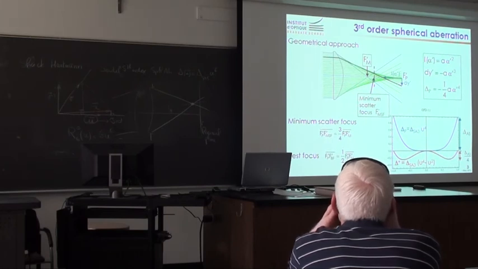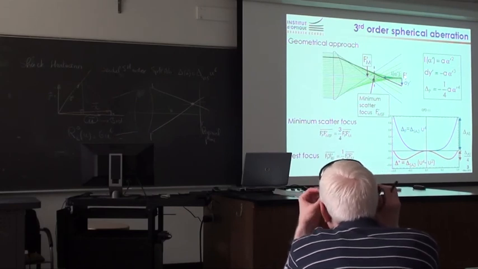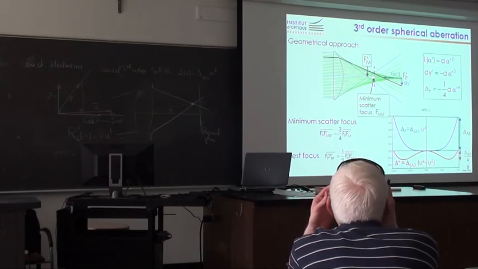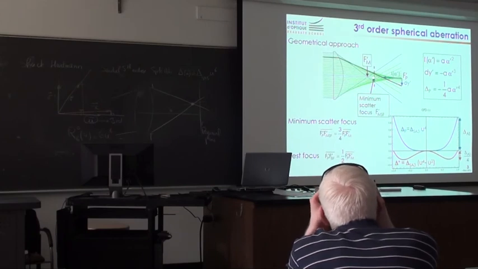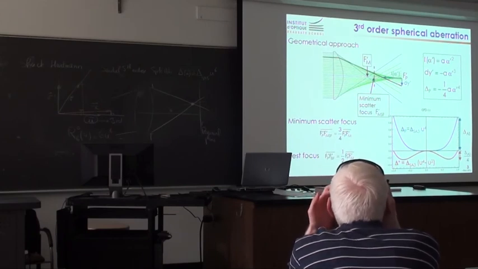One can show that the position of this minimum scatter focus is 3/4 of this distance. It's obviously wrong on my drawing, probably because there is not only third-order aberration but also fifth order. But within the third-order approximation, this is equal to 3/4 of that.